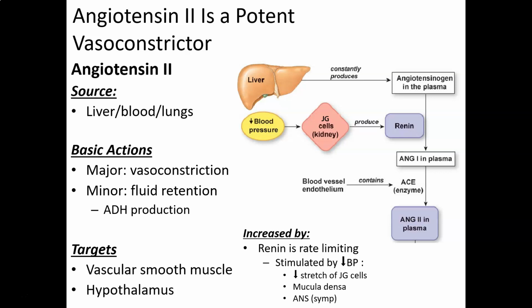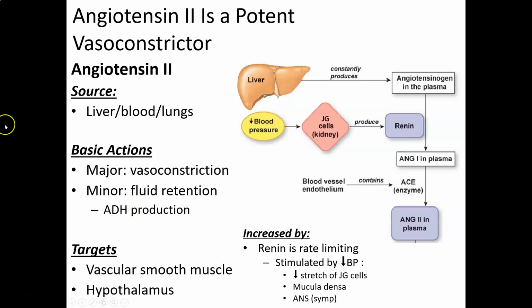So if I have less fluid being filtered into the kidney, that means I have more fluid everywhere else in the body, so it effectively increases blood volume. In addition, it also targets the hypothalamus. So it's got the vascular smooth muscle receptors where angiotensin 2 binds, but it also affects the hypothalamus to increase the ADH production, which helps support everything it's trying to do.